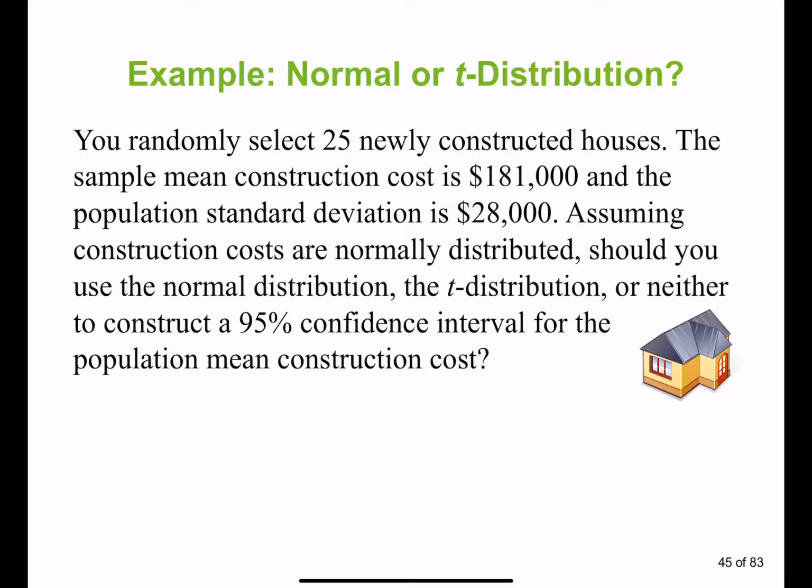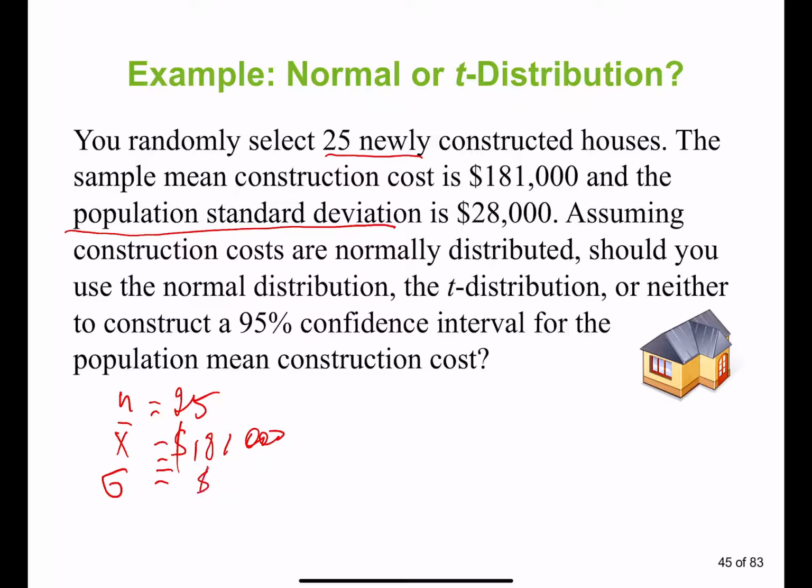So let's figure it out here. It says normal or t-distribution. You randomly select 25 newly constructed houses. So n is 25. The sample mean x bar is 181,000, and the population standard deviation, so this is not s, this is sigma, is 28,000.